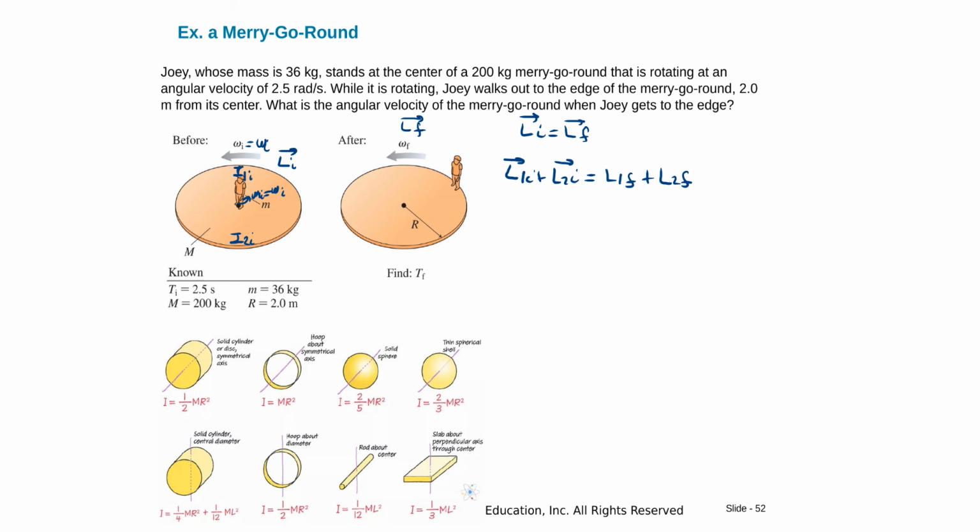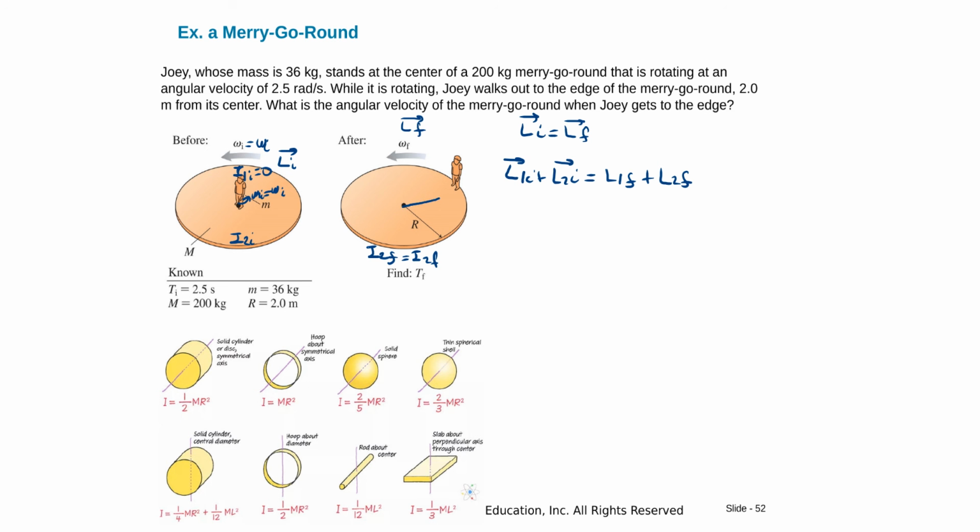That's the shape the merry-go-round would be. So I2 initial and I2 final will be the same, not changing anything in here. But I1 initial will be 0. If a mass is at the center of rotation, its moment of inertia or rotational inertia is 0.